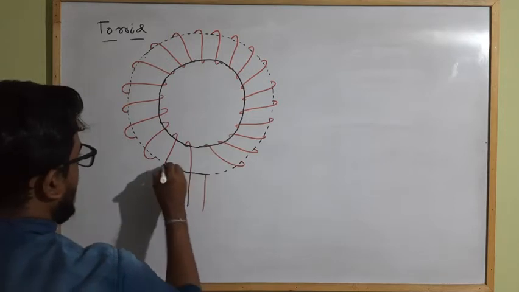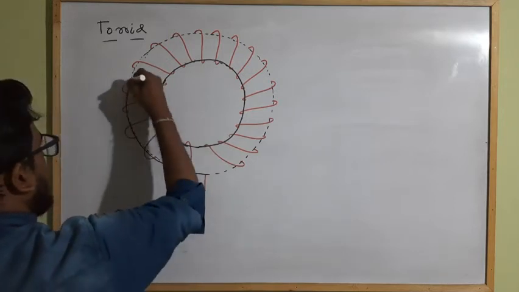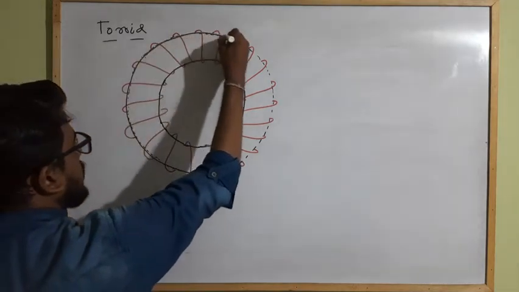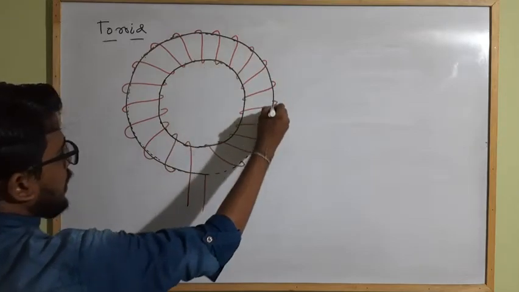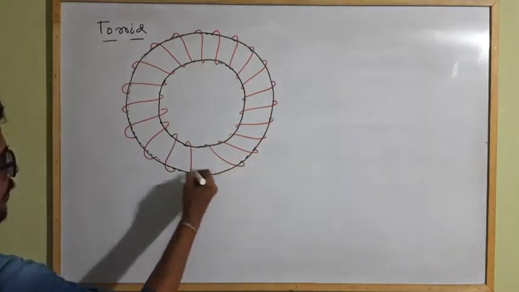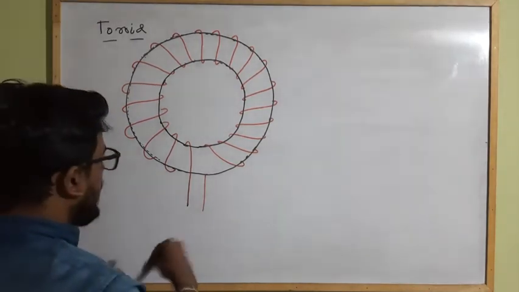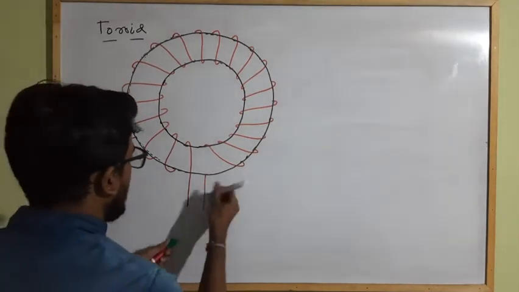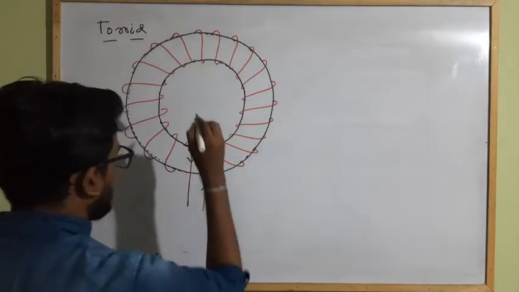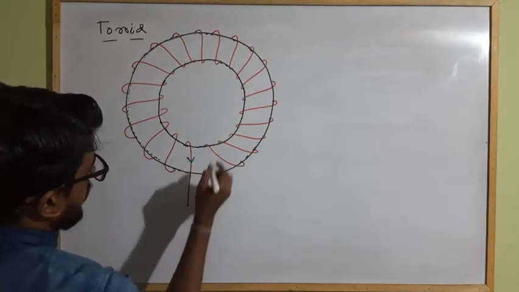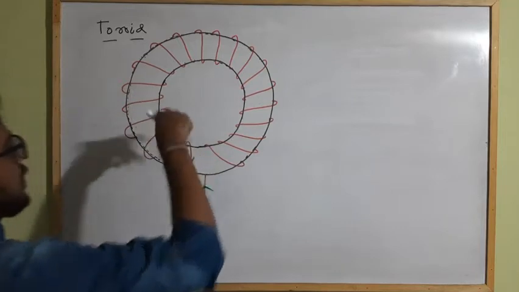In a circular tube-like core, a coil is wrapped like this and current is flowing along this direction, it will come over like this. Clear?